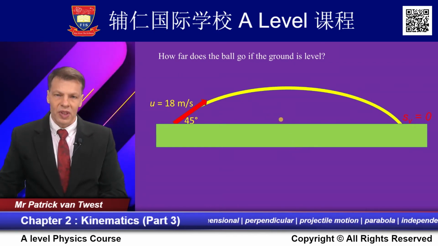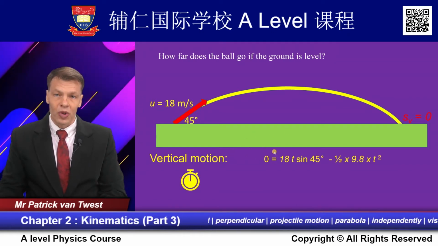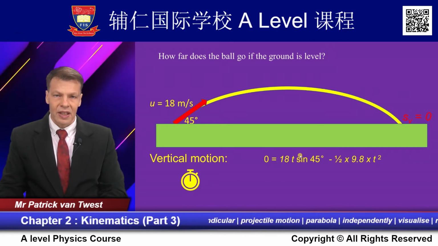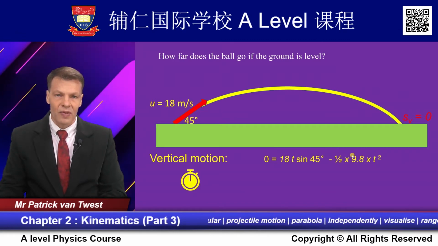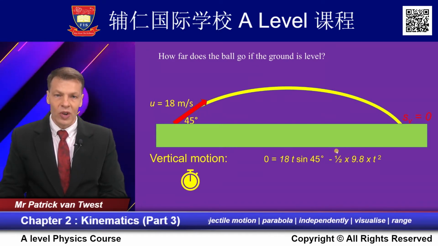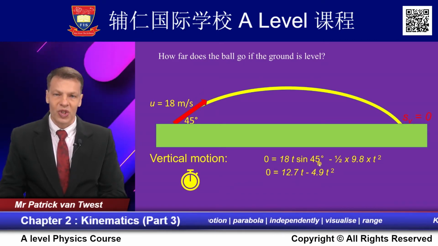So let's see what the equations tell us. For the vertical motion, if we put 0 into our equation, 18t times sin 45 minus half times 9.8 times t squared equals 0. We can calculate what time it took for the ball to reach the ground.